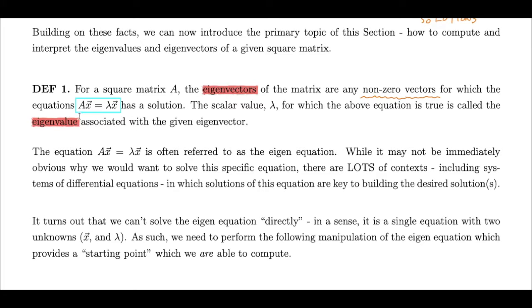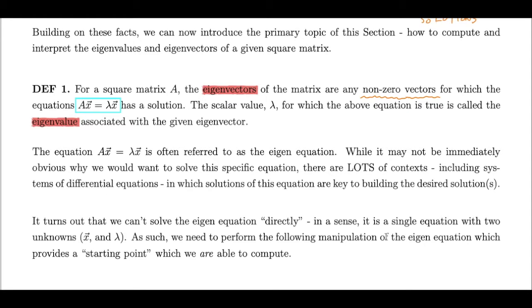Is it true that Ax equals 2 times x? Or is it true that Ax equals negative 4 times x? Exactly what value of lambda makes this equation true? I don't know. So in a sense, there are two unknowns in this equation, but I only have a single equation. And so in a way, I don't immediately have a form that will allow me to directly solve this equation.